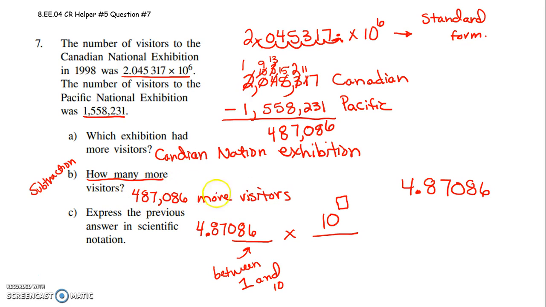It's a big number, so it's going to be a positive exponent. What will that exponent be? 1, 2, 3, 4, 5. I had to move it over 5 places, so the exponent will be a 5. So that would be that number in scientific notation. All right, I hope that helped.